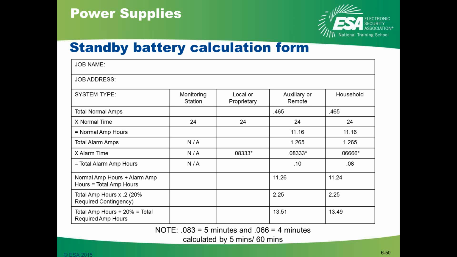The codes now require that when we do our initial calculation we've included an additional 20%. Whereas that used to be suggested, it is now a requirement.